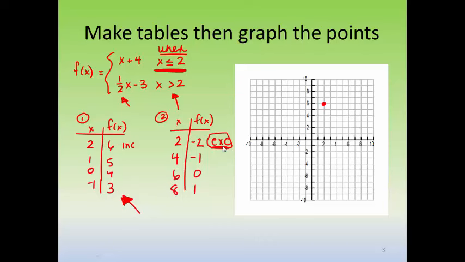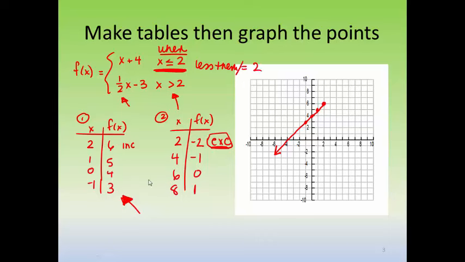Okay, so everything else is included. 1, 5, and 0, 4, and -1, 3. And these are continuing on in the negative x direction because I want to go less than or equal to 2. So that's all of this side.